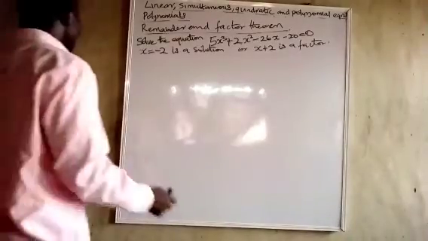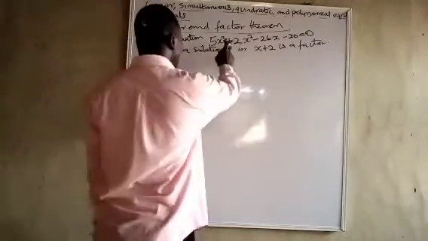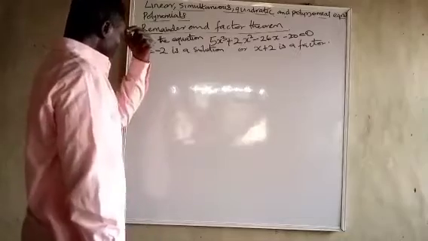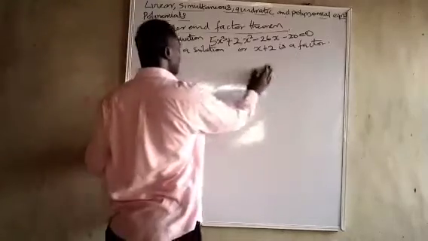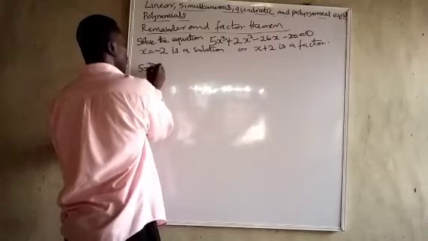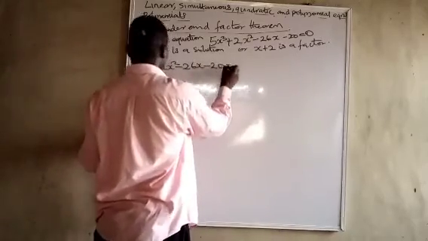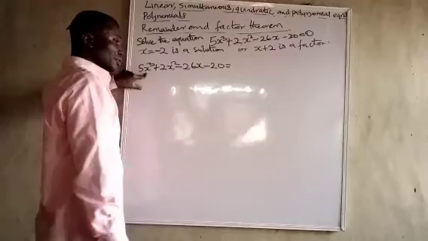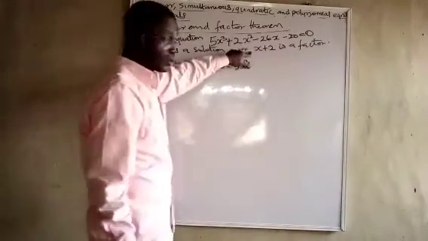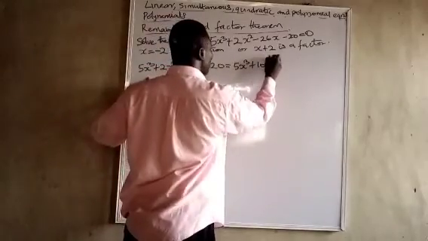So we have established that x minus 2 is a solution, or x plus 2 is a factor. Now let's use this to divide this. We can use long division and we can use straight division. If I want to use straight division, I put 5x cubed plus 2x squared minus 26x minus 20 will be equal to 5x squared times x plus 2, because I have 5x cubed here, plus 10x squared.